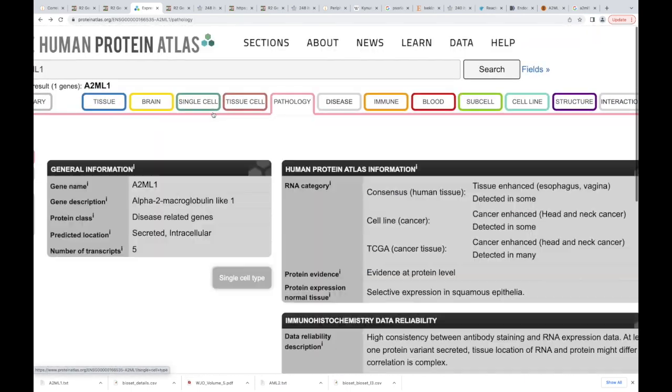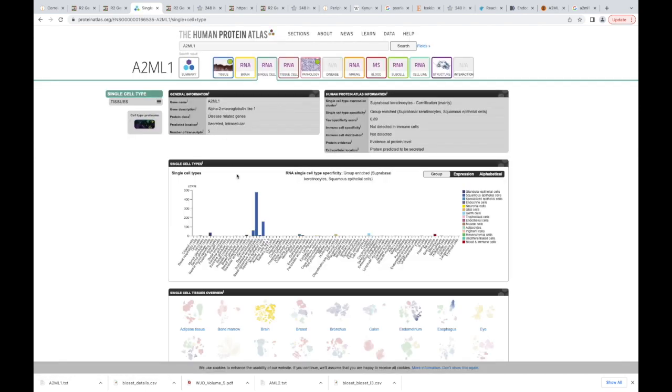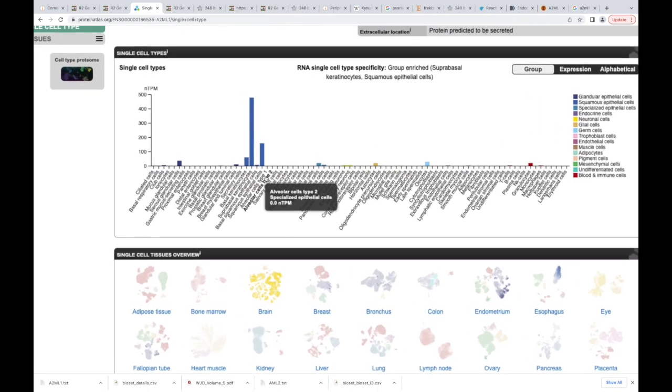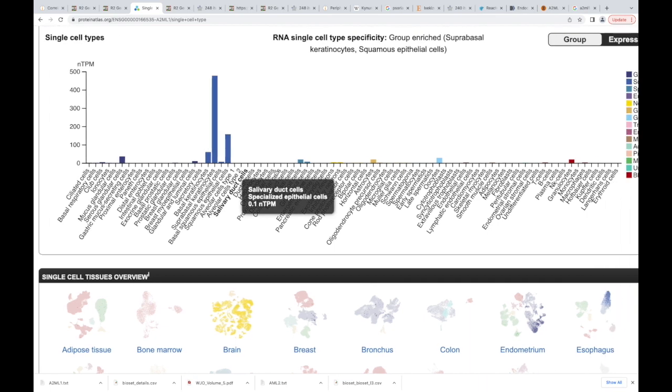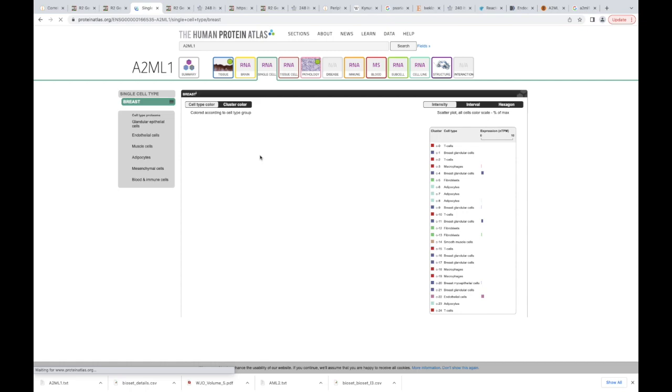Ooh, I think they have single cell. Yeah. Click on the top. Click on single cell. This will tell you exactly which individual cell types it's actually being expressed in. You go to breast cancer and it shows the different types of breast cancer tissue it's being expressed in.